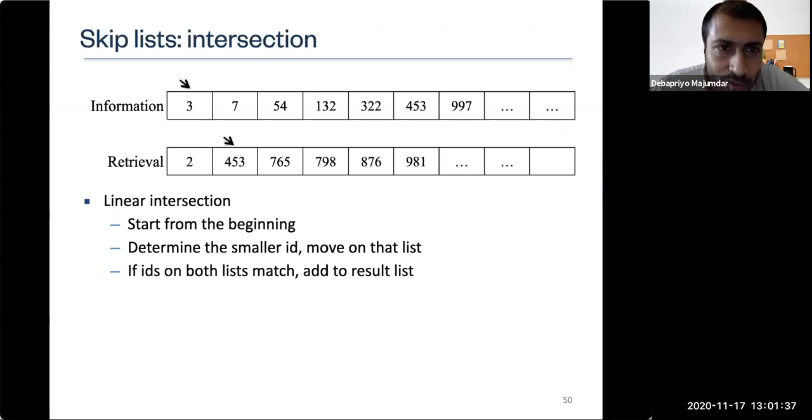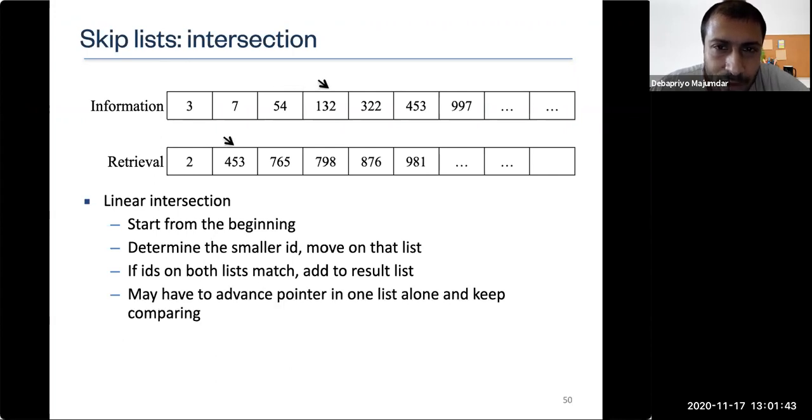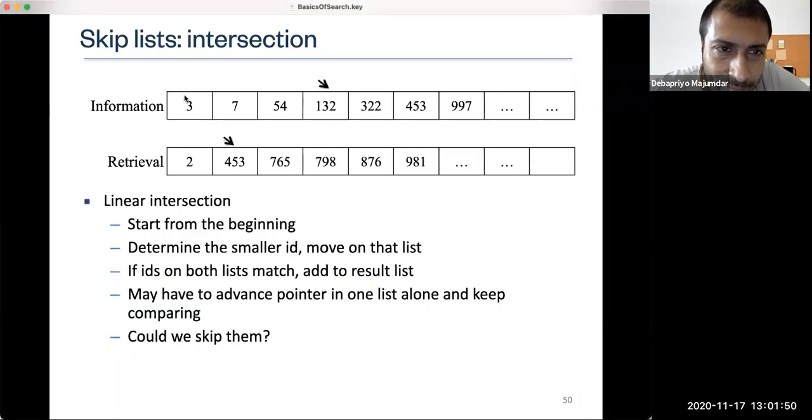3 is smaller, so you move here. 7 is smaller, so you move here. Still 54 is smaller, you still move here. Again, you move in this list and so on. So you essentially have to move in one list for much longer. That can happen especially when one of the terms is more frequent than the other.